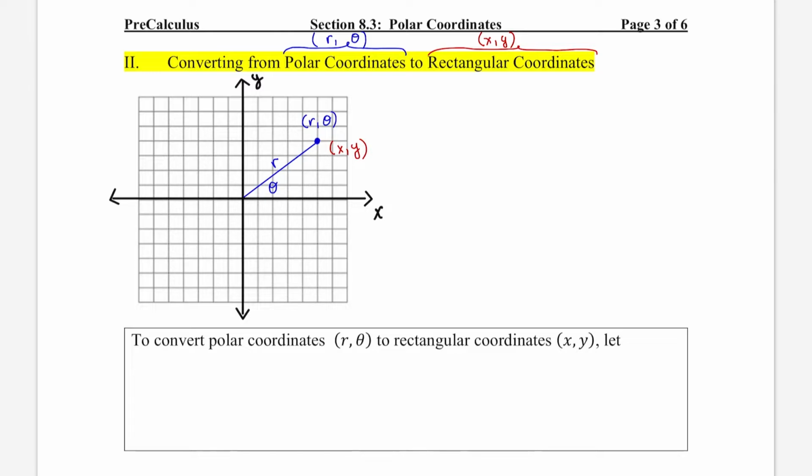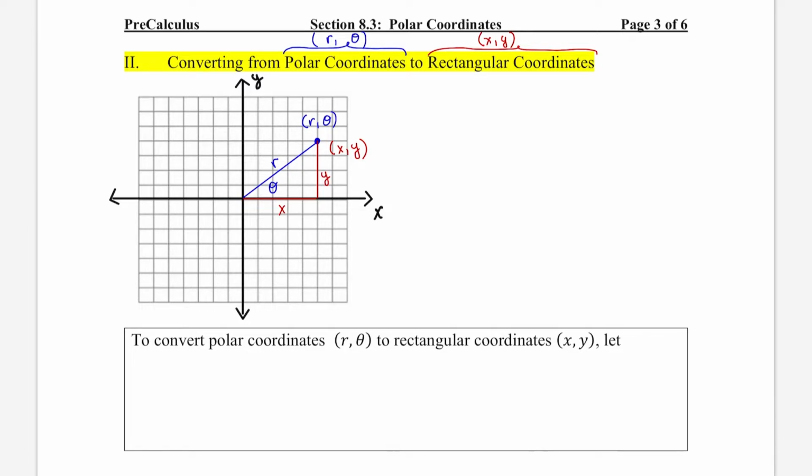So we're trying to use r and theta to convert that into x and y. In order to do that, I need to create a right triangle. So this distance from the blue point to the x-axis is y, and this distance is x.